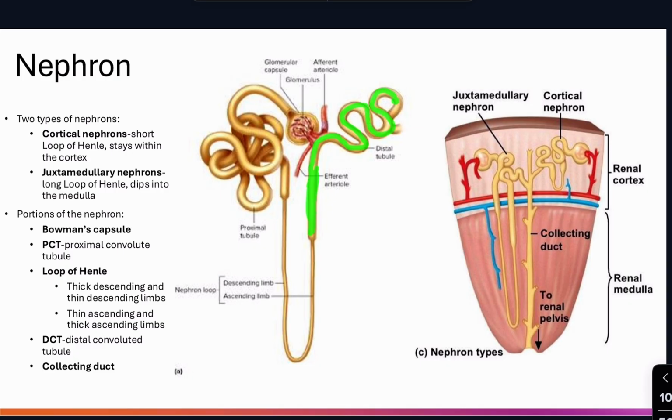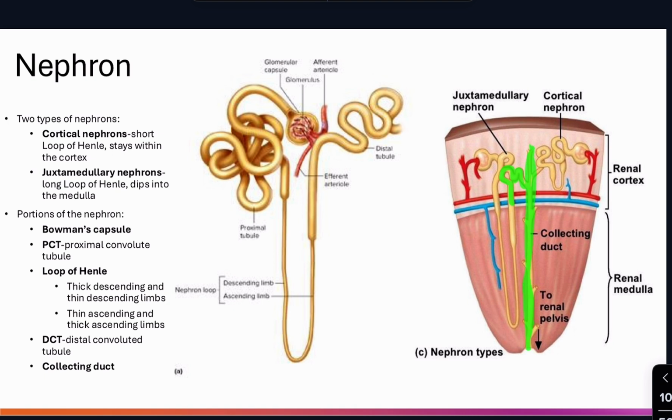And that is eventually going to lead into what's called the distal convoluted tubule. Makes sense. We had a proximal, now we must have a distal. Here's our distal convoluted tubule. And then ultimately, if we look over here on the right, we can see that this distal convoluted tubule is going to drain out into what's called the collecting duct.